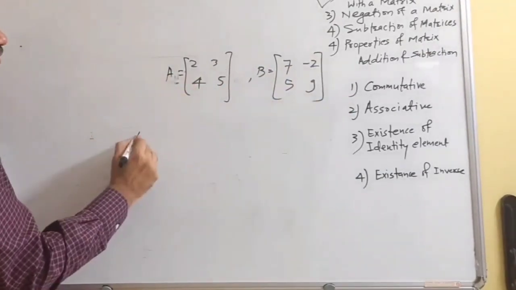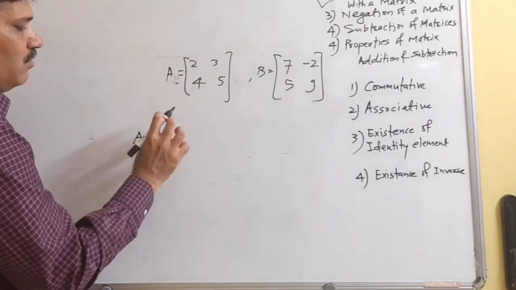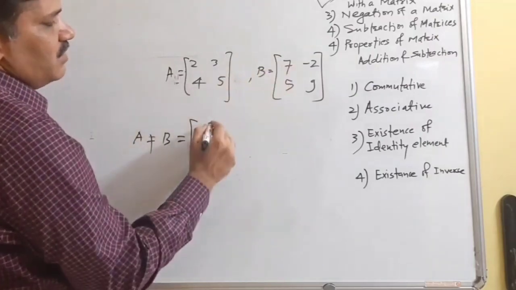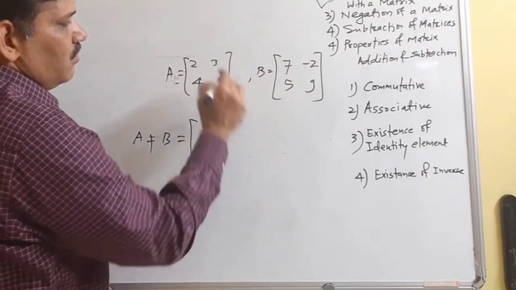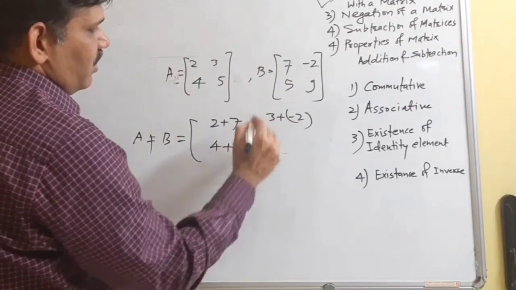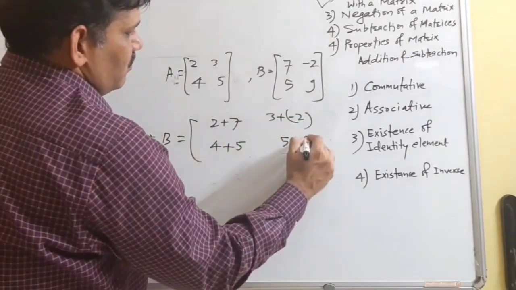If I add A to B, then I'll get 2 plus 7 is 9, then 3 plus minus 2, 4 plus 5, 5 plus 9.